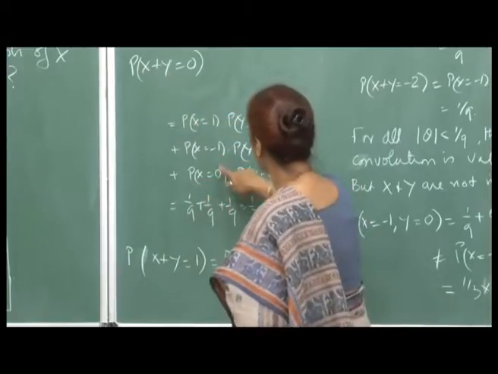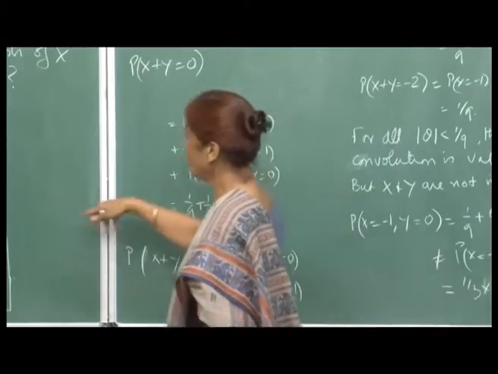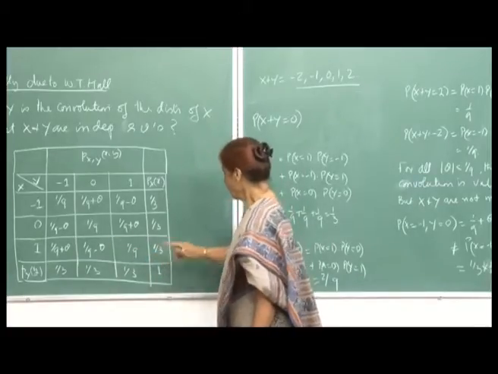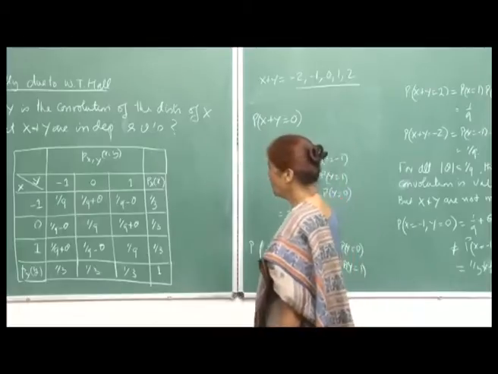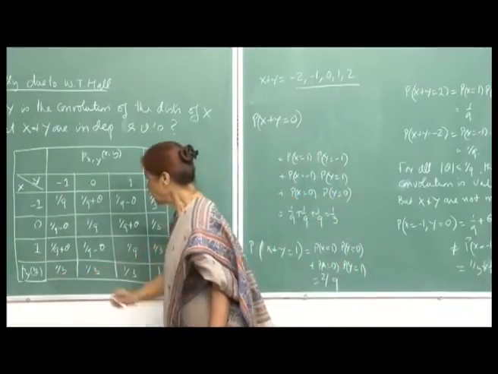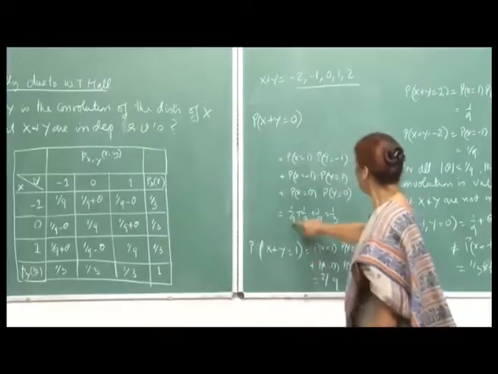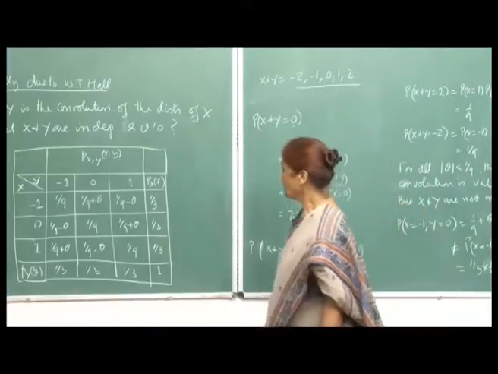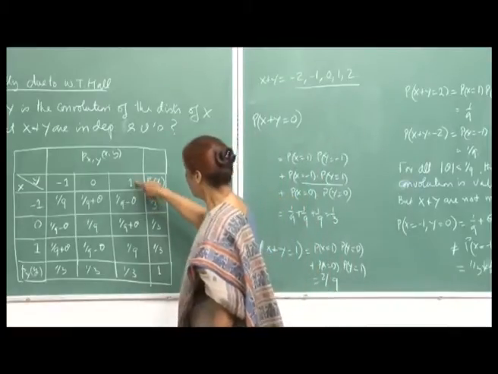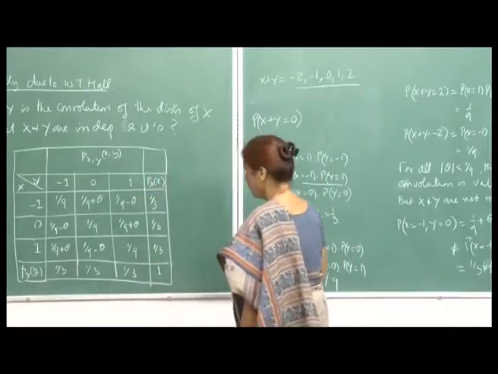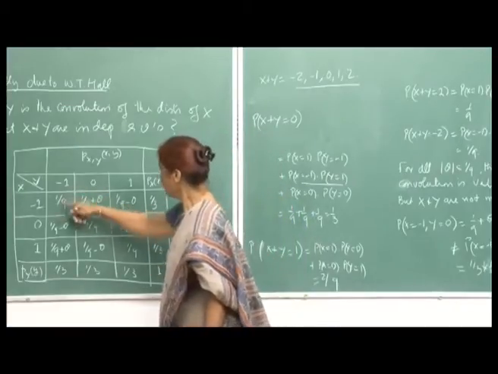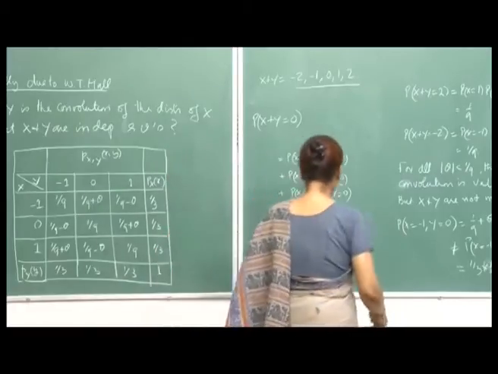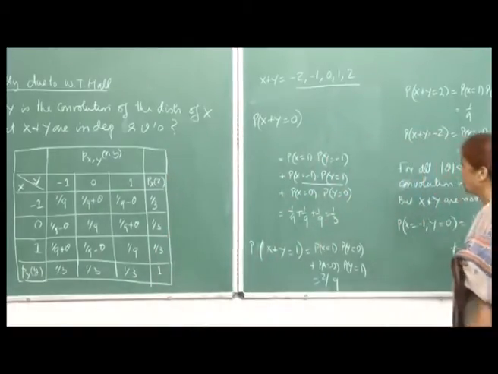Probability x equal to 1 is 1 by 3, that is what we mean by marginal, into probability y equal to -1, that is also 1 by 3, so this is 1 by 9. Similarly, probability x equal to -1 is 1 by 3 and probability y equal to 1 is also 1 by 3, and x equal to 0 gives you 1 by 3 and y equal to 0 also 1 by 3. So this is 1 by 3.